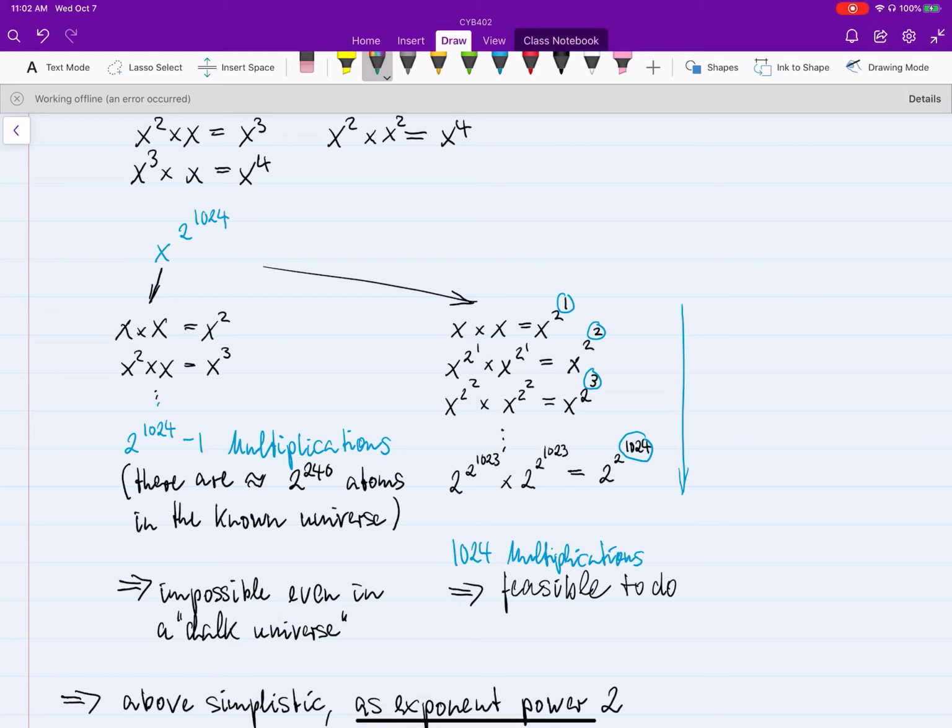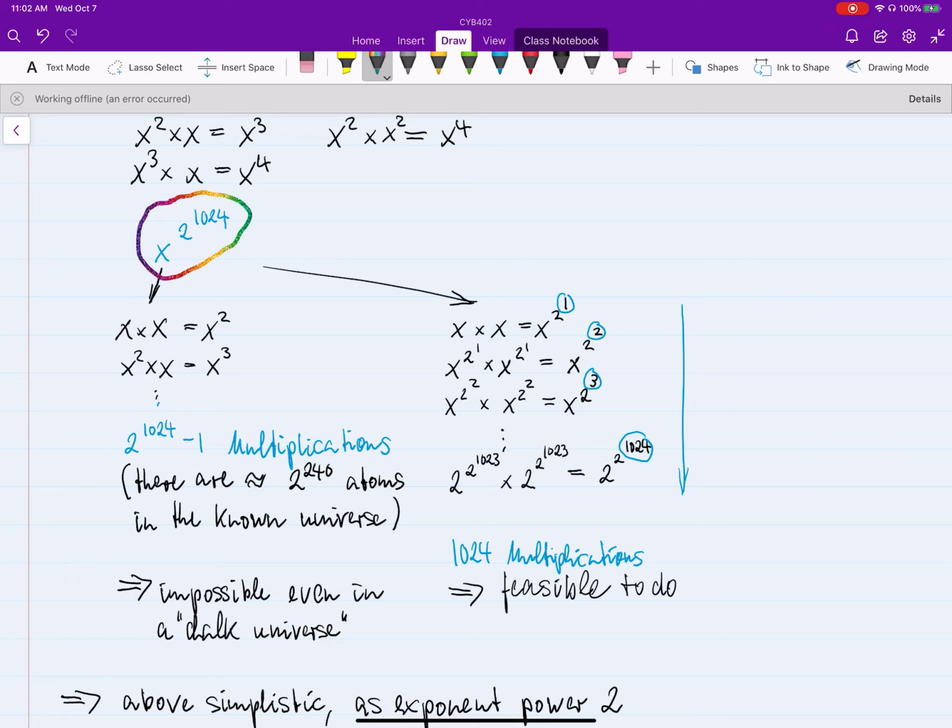So let's look into a more realistic example. Let's look at an exponentiation of x to a number that is a 1 and 1024 bits after that 1.